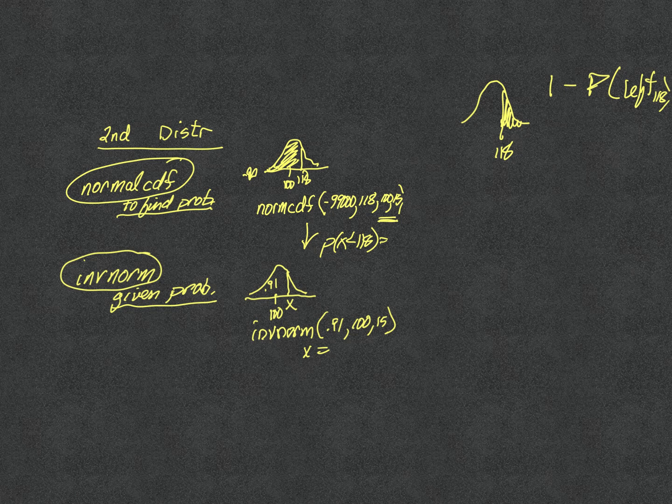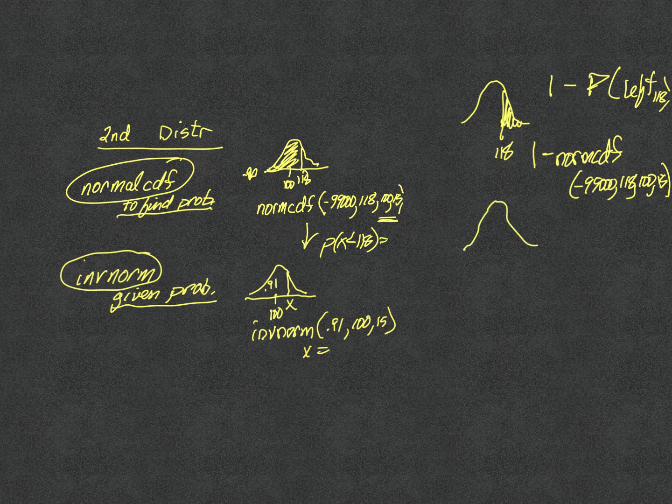And that'll give me the probability to the right. And so on my calculator, I'm going to do 1 minus normal CDF, and I'm going to do the probability to the left. So I'll still do negative 99,000, 118, 100, 15, which is the mean and standard deviation we're using. And so 1 minus the probability to the left gives me the probability to the right.